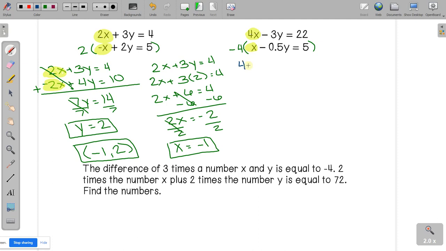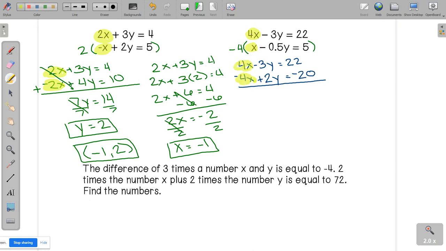So rewrite the first equation. Now multiply. Negative 4 times x is negative 4x. Negative 4 times negative 0.5y gives us a positive 2y. And then negative 4 times 5 is negative 20. Add straight down.